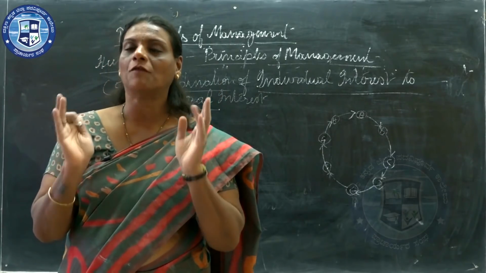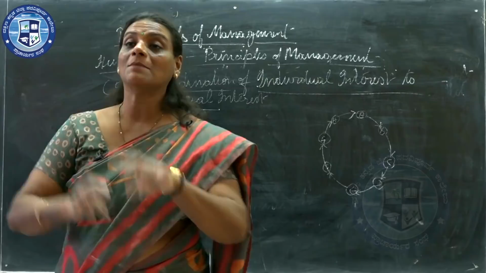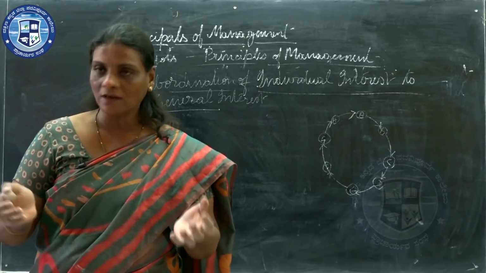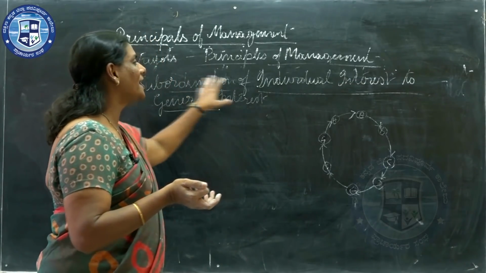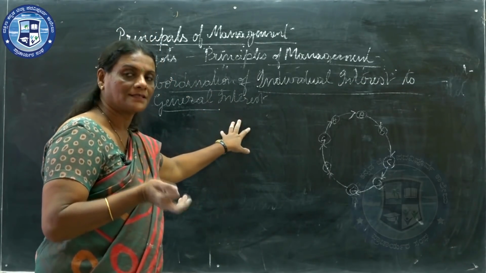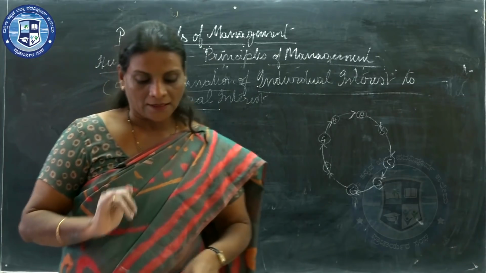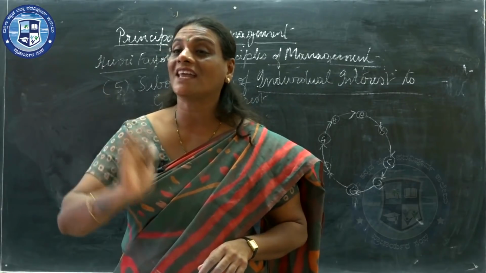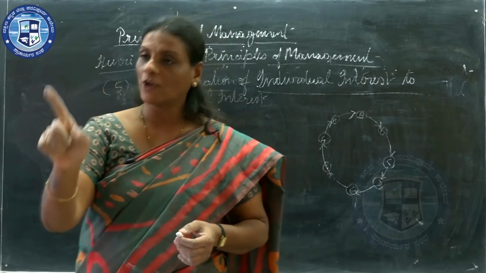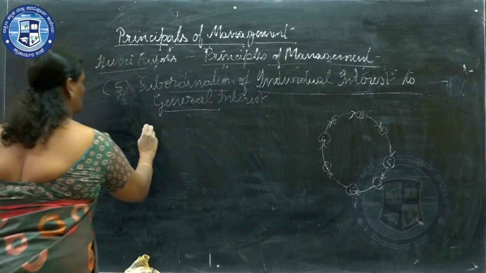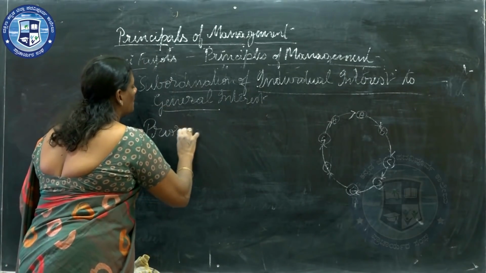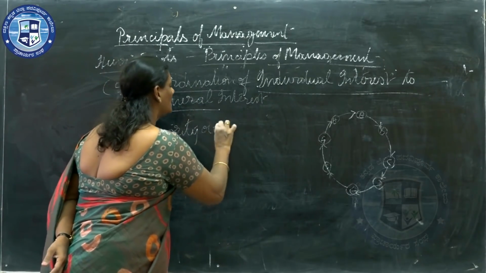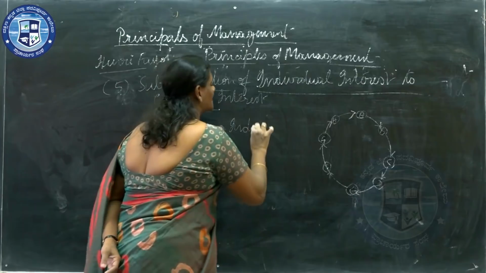When you are working for an organization, your aim is the organizational goal and not your individual aim or goal. So, here you have to go by the general interest, that is the organizational interest. The aim would be to see that the interest of the organization takes priority over individual interest.